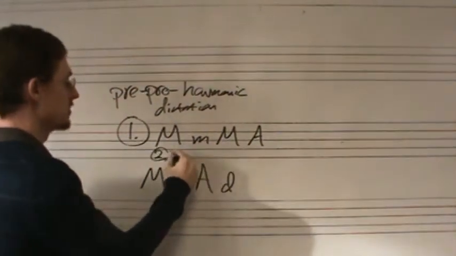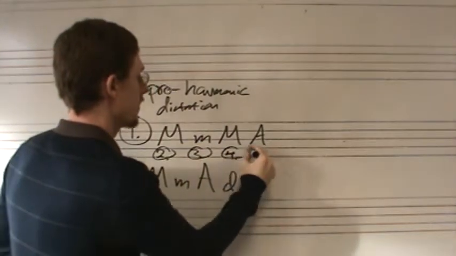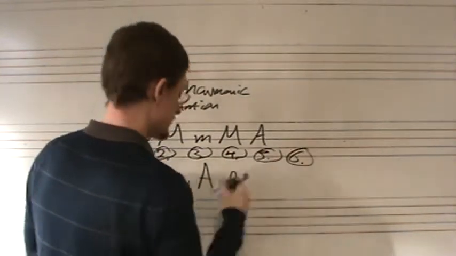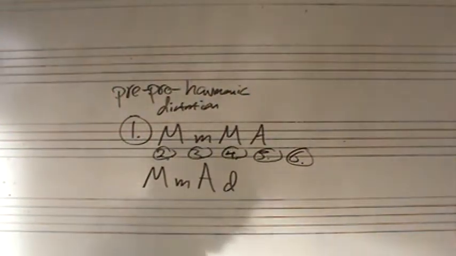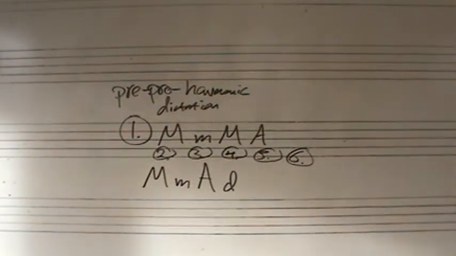Okay, you have number 2, number 3, number 4, number 5, and number 6 to do. Okay, let's go right through them. Here's number 2. Ready, go. All right, number 3, ready, go.